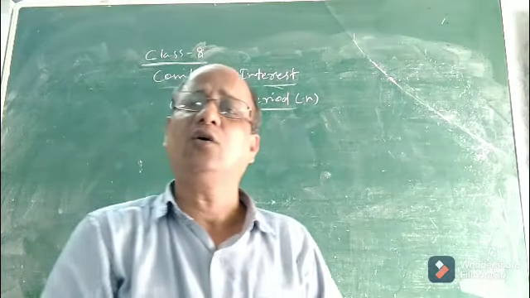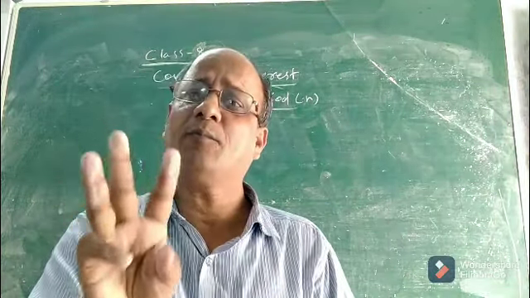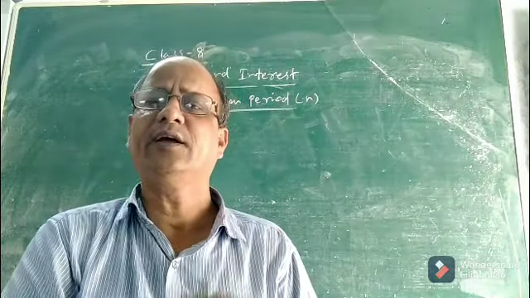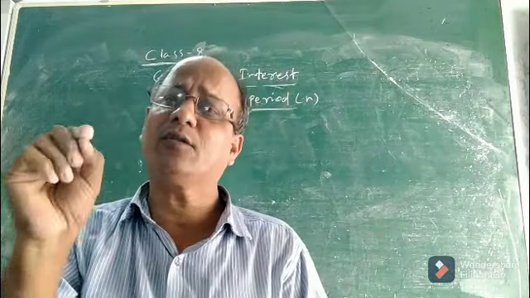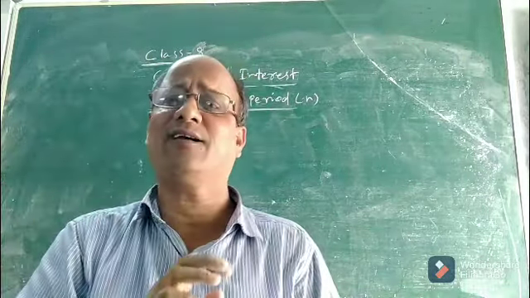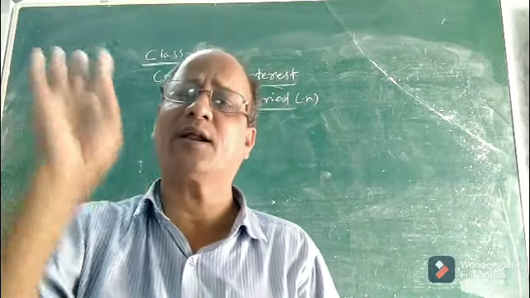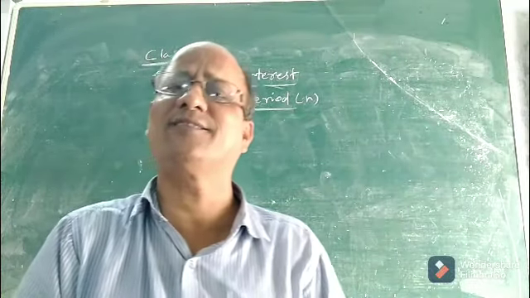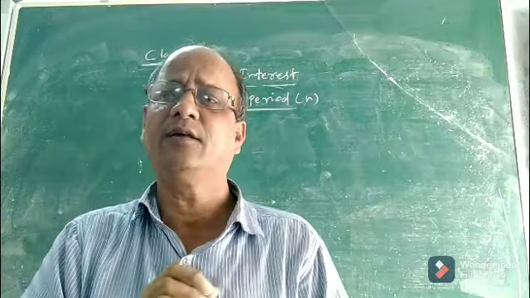So what I mean to say, children, is that interest is compounded in 3 ways. Actually 4 ways, but in your book 3 ways are given. The bank and other financial organizations may compound the interest. Not only the bank, post office, LIC, there are so many financial agencies who give us interest, wherever we keep money.